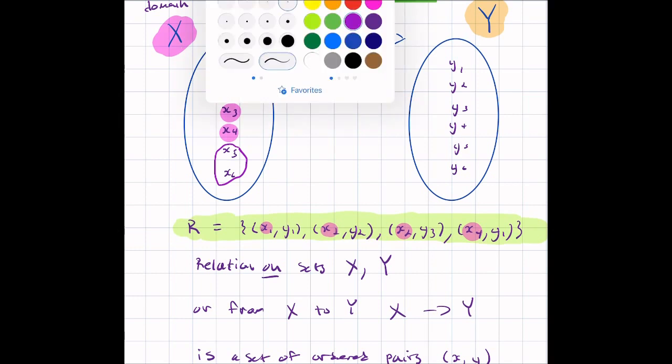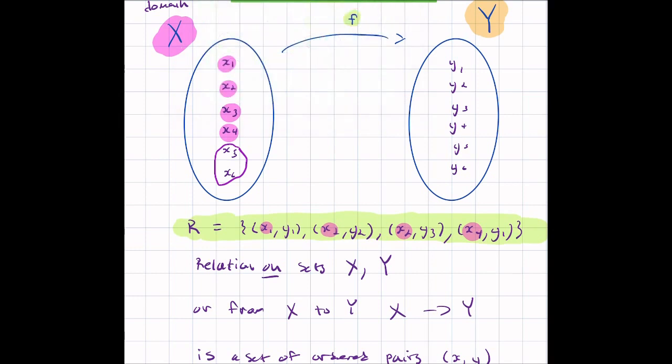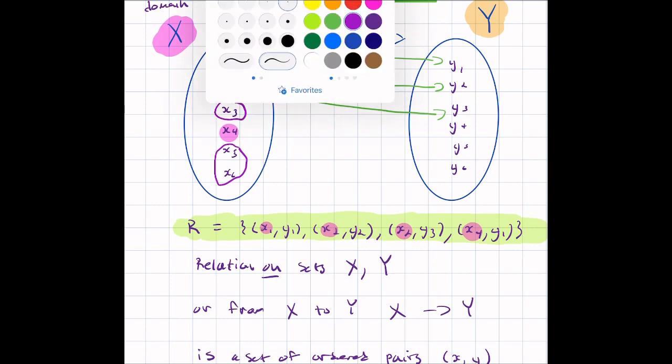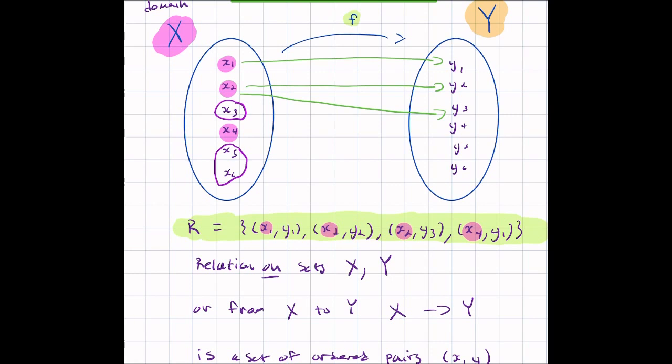So in this case, what are we going to do? Maybe green. In this case, x1 got sent to y1, x2 got sent to y2, x2 also got sent to y3, and x4. Oh, it didn't map x3 anywhere. I jumped the gun. It's even worse, not a function. It's even more badly not a function. And x4 got sent to y1.